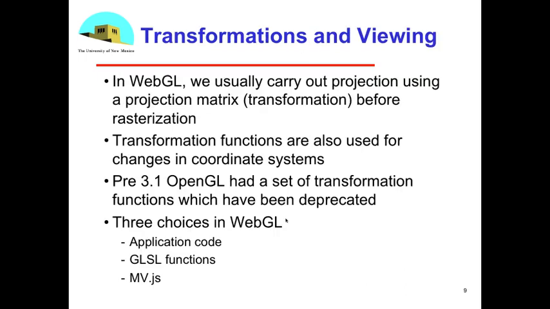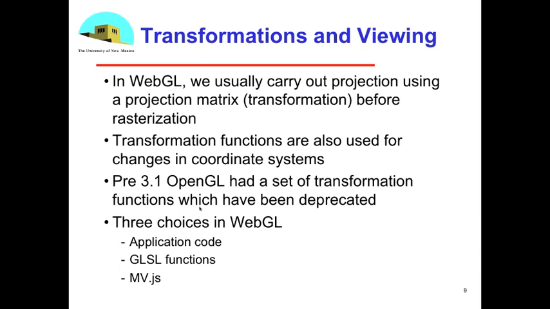Now, we haven't talked about transformations yet, but let me just give you a couple of the options. We are going to do two things: one is to convert into clip coordinates in the vertex shader, and also to do the projection, which is part of what goes on in the vertex shader, is going to be doing some kind of transformation. We use the idea that every change of a coordinate system is equivalent to some sort of transformation, which we'll see will be a 3x3 or a 4x4 matrix.